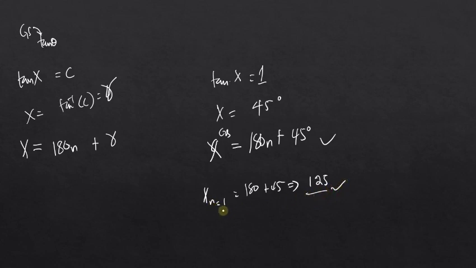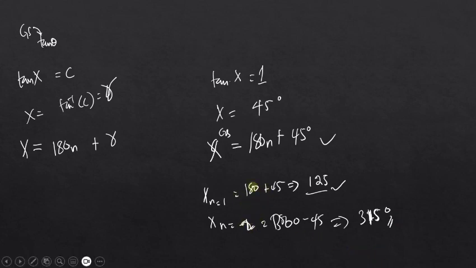And then if you have n equal to -1, let's just use 2, so it will just be 360 minus 45, and that should give us 315. That's what you get. So you can get a lot of angles. You can use 3, 5, and you can get a lot of angles.